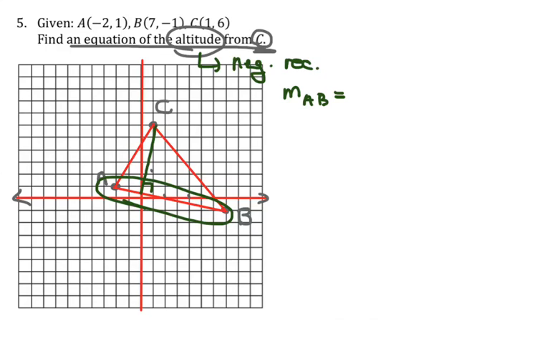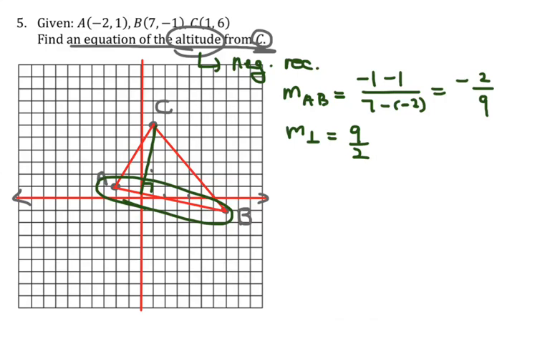Let's figure that out first. The slope of AB is (negative 1 minus 1) over (7 minus negative 2), which becomes negative 2 over 9. Then what is the slope that's perpendicular to that? Because that will be the slope of the altitude. The negative reciprocal of negative 2 over 9 becomes 9 over 2.